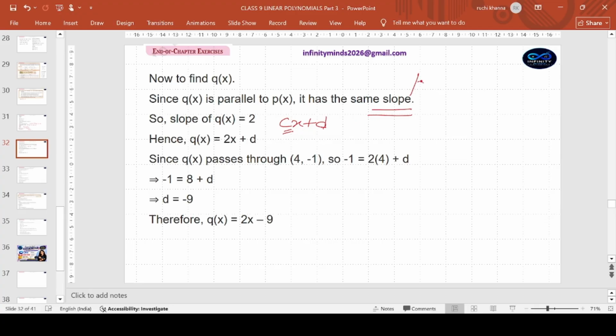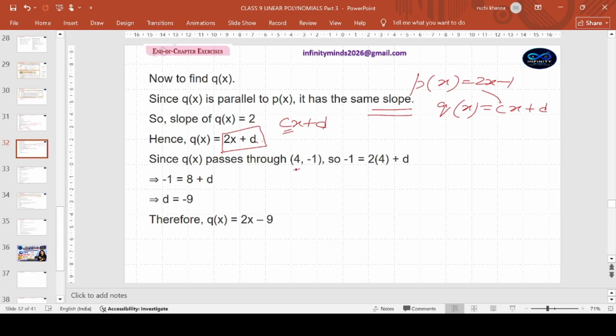Your p(x) has come out to be 2x minus 1 and your q(x) is cx plus d. If two line graphs are parallel, they have the same slope, that means c is equal to 2. So this becomes 2x plus d. At least some part is solved. We shall solve for d now.